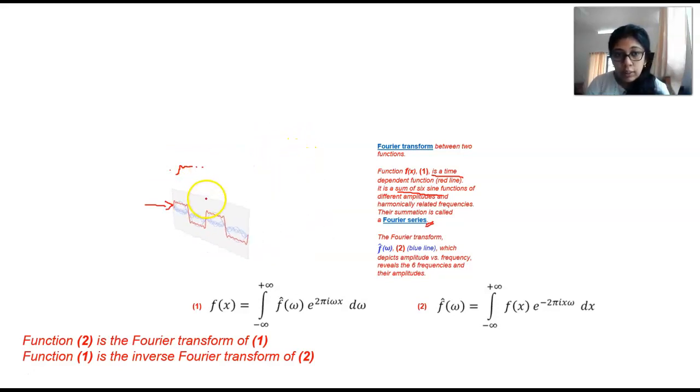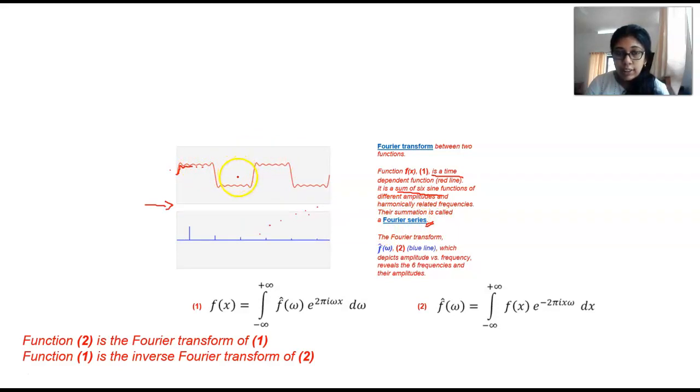So this periodic function is a combination of these 6 sine functions. These 6 sine functions combine together, and the summation is the Fourier series that you obtained as the red function.